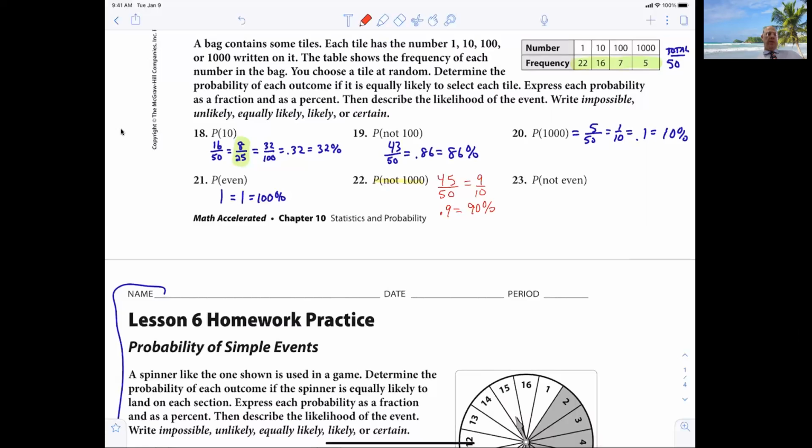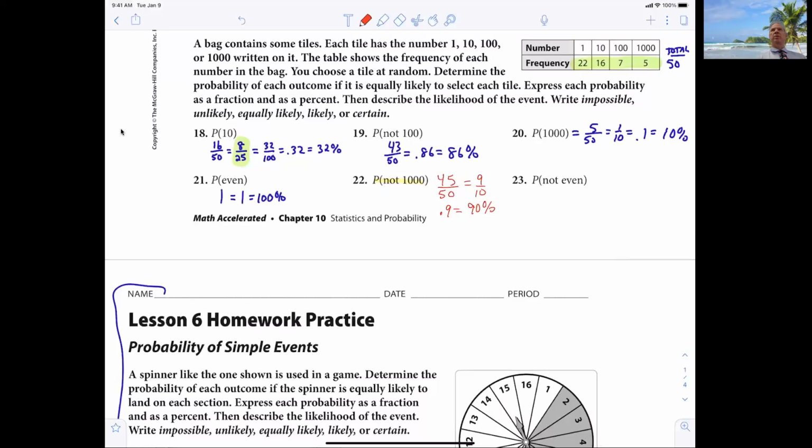Okay, 23. Any volunteers for 23? How many of those numbers are not even? How many?